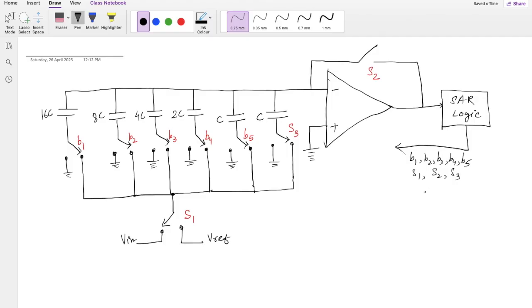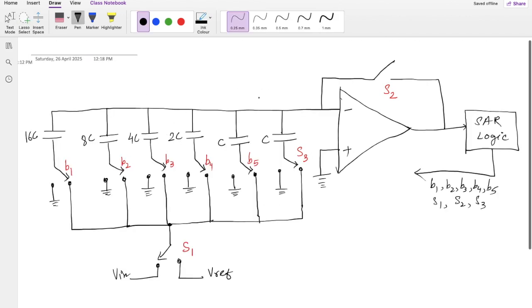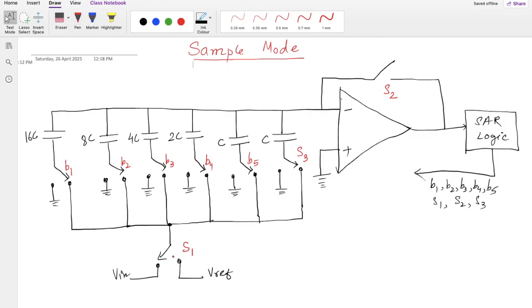The first mode is the sample mode. So in the sample mode, my S1 is connected like this.